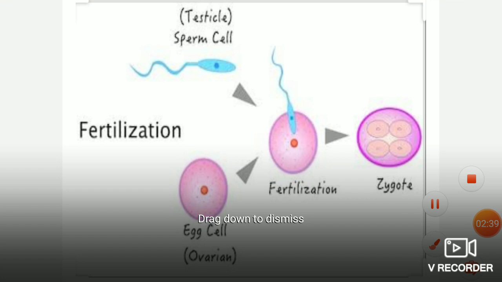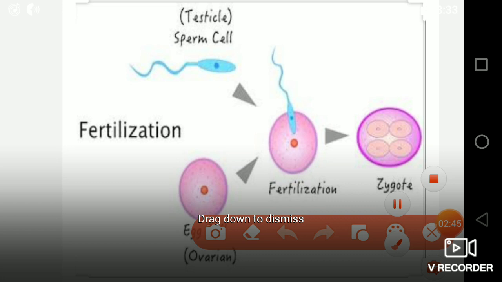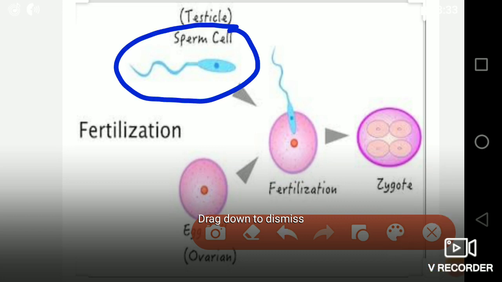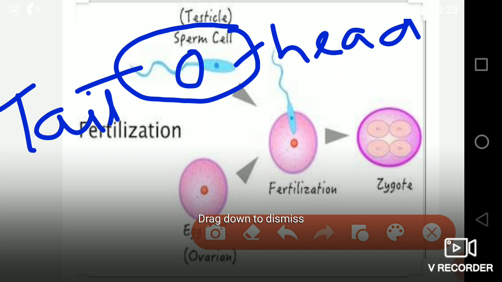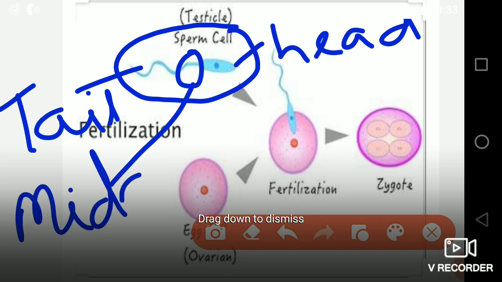Here in the fertilization process you can see that in the sperm, this part is called the head, this part is called the tail, and this one is the middle part.